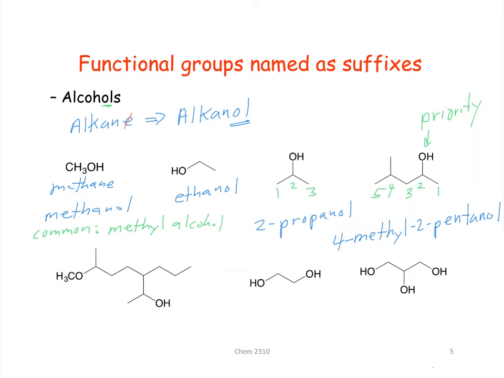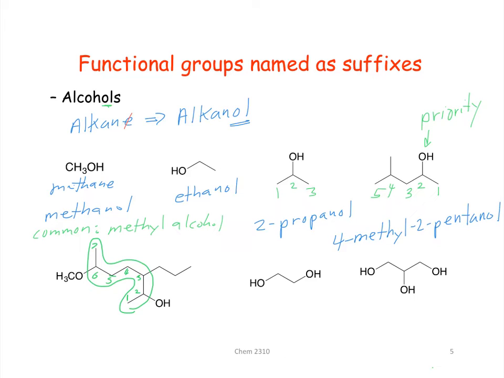All right, so our numbering is going to go this way. And remember, we're going to number this to give the alcohol the lowest number. 2, 3, 4, 5, 6, 7.